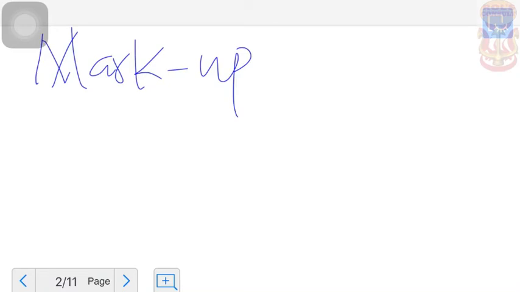Then what is this HTML? HTML is a markup language that helps you, the user, define the structure of your content or your document or whatsoever be it. It helps you to define the structure of your document. So that's basically what HTML is about.